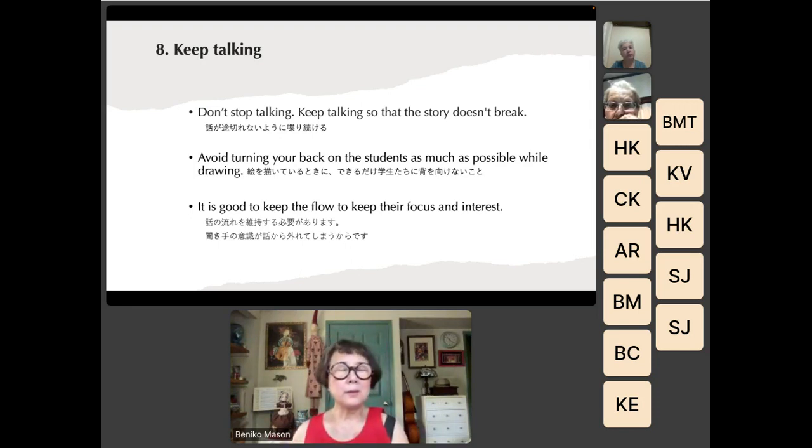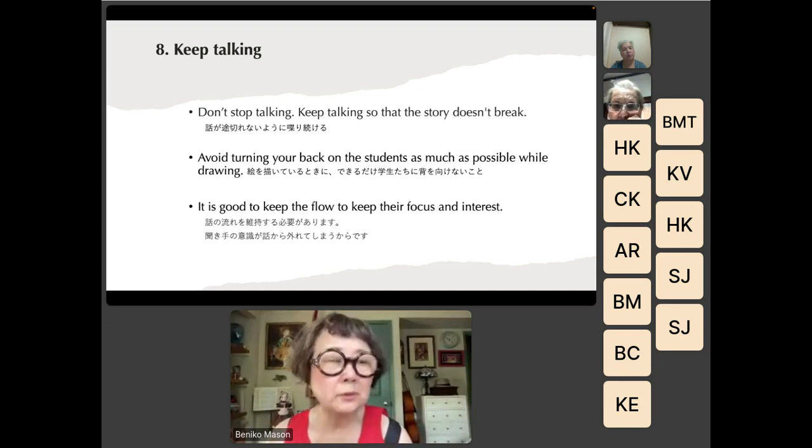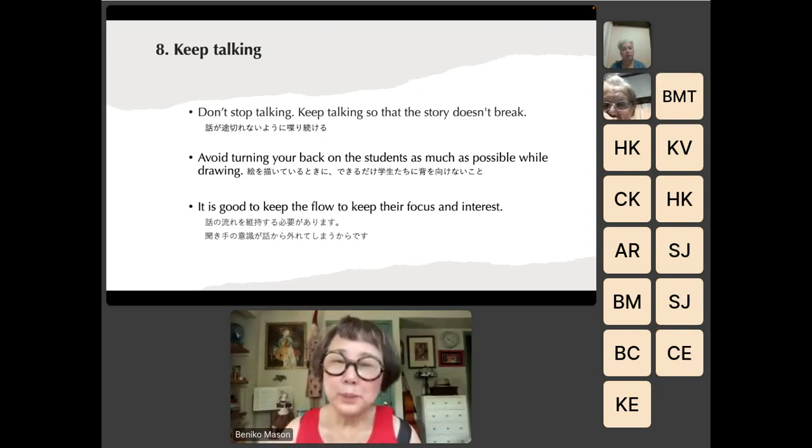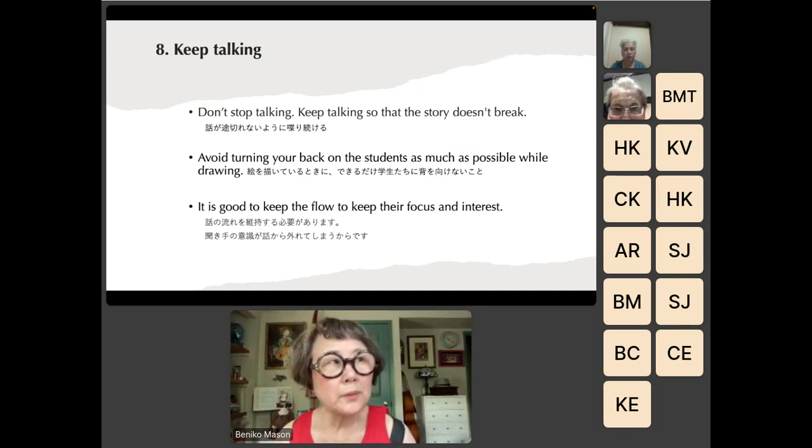So it is a good idea to practice a little bit before you go into the classroom, how to draw. Okay, maybe in the future I will talk about how to prepare for a story listening lesson. It's not just remembering the storyline, going into the classroom and telling a story.